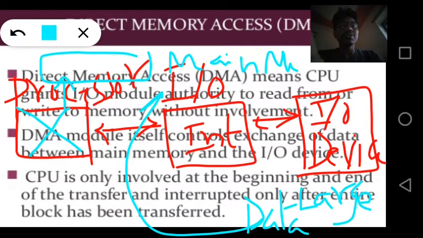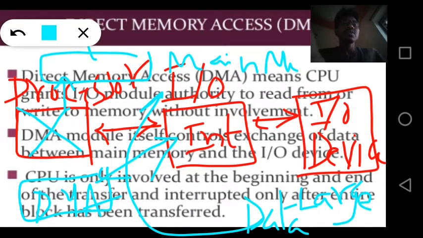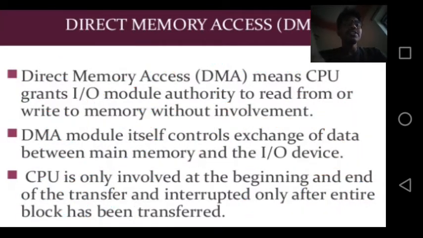Now, without involvement of the processor, another component comes into the picture, which is called DMA. So the DMA module itself controls the exchange of data between main memory and the IO device.